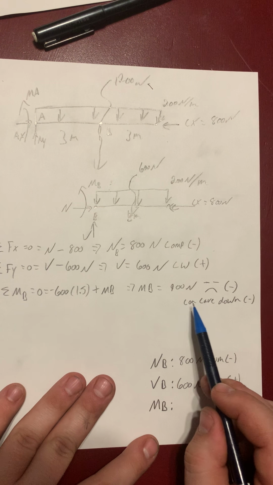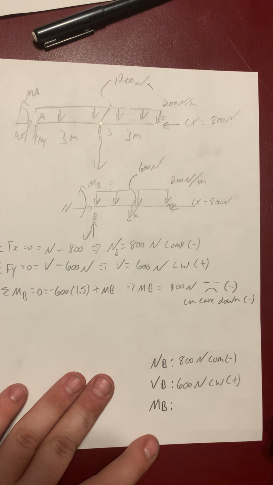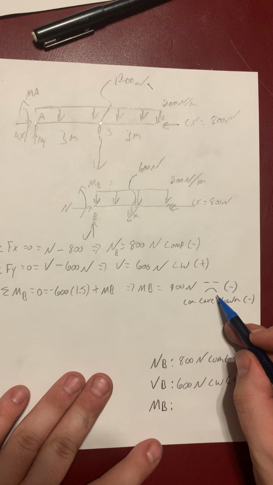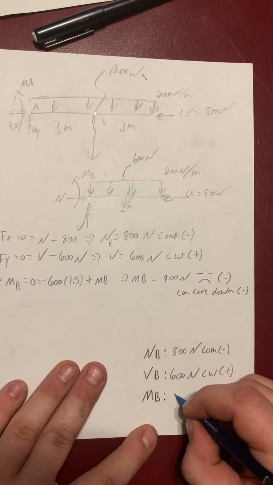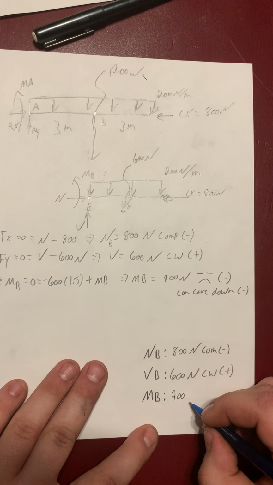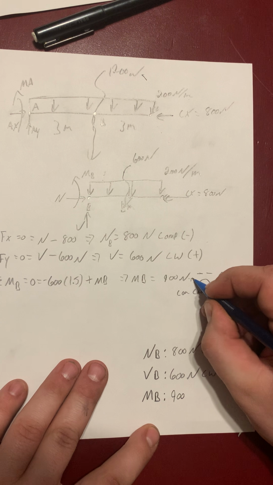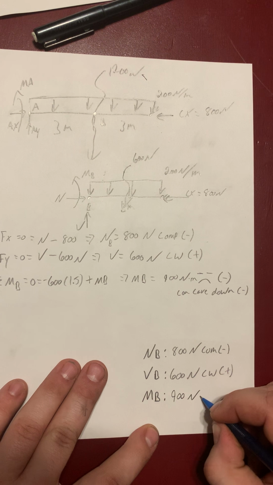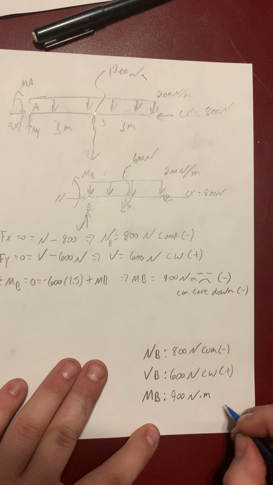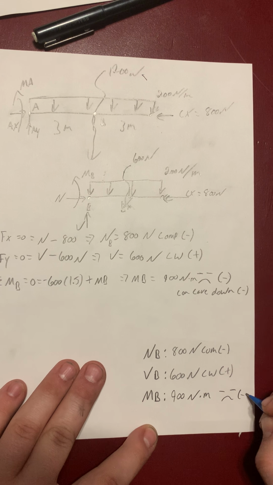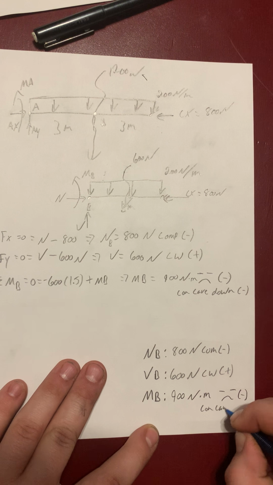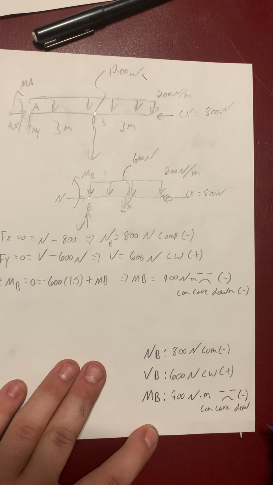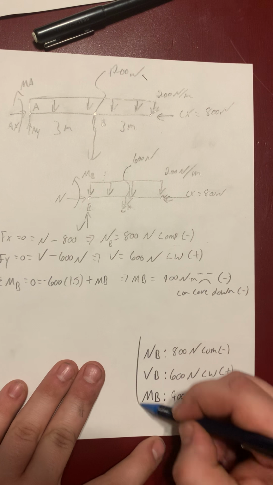And this is how I did it on the exam, concave down negative, okay? But I also threw that in there, because why not? It's pretty cool, right? So 900, and this is Newton times meters, I apologize. Newton times meters, and I put it like this, negative. And I said concave down in the answer box.